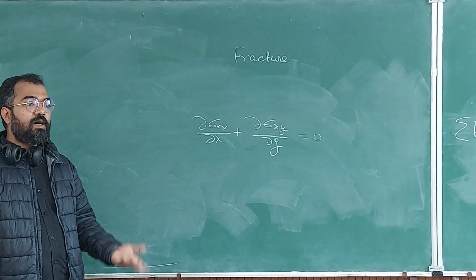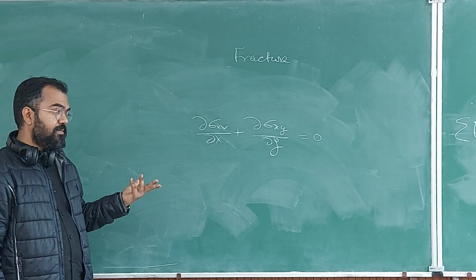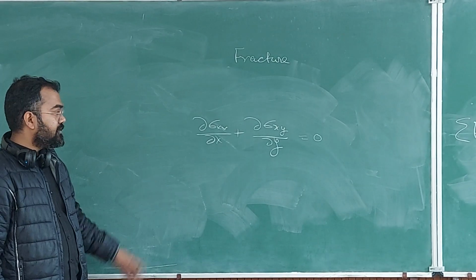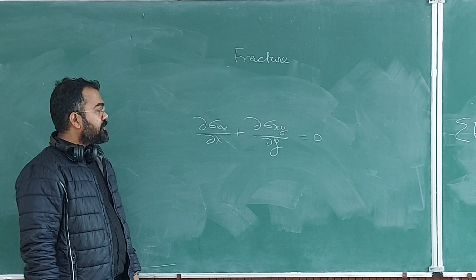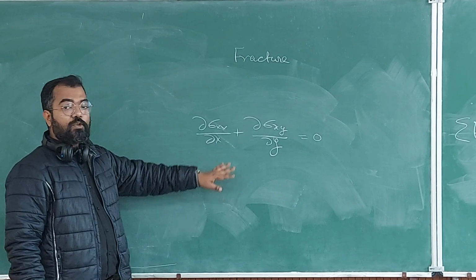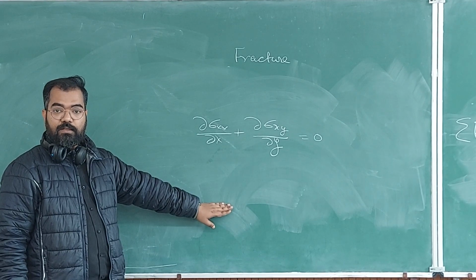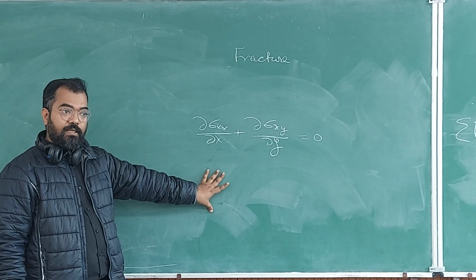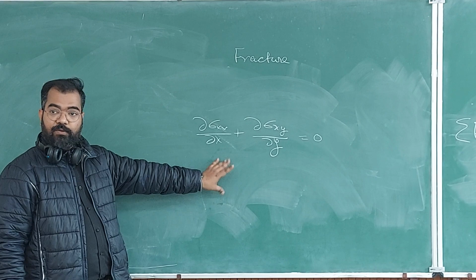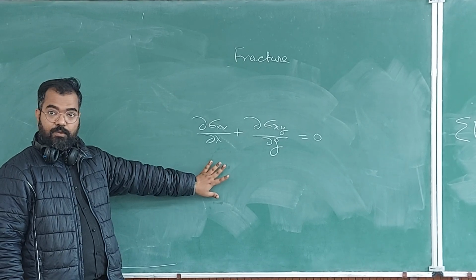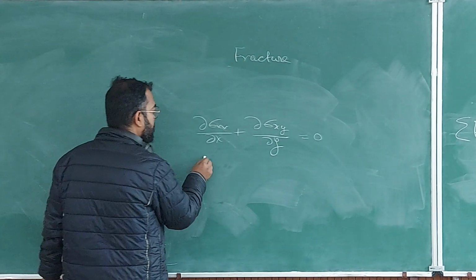Similarly, tau and sigma are the same; when they are shear, we write tau. If you do force balance in the y direction, you will get one equation. If you force balance in the z direction, you will get 3 equations in total, and these are the equations of equilibrium. So let us write those also.